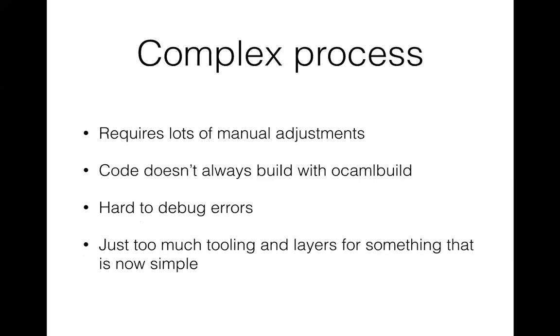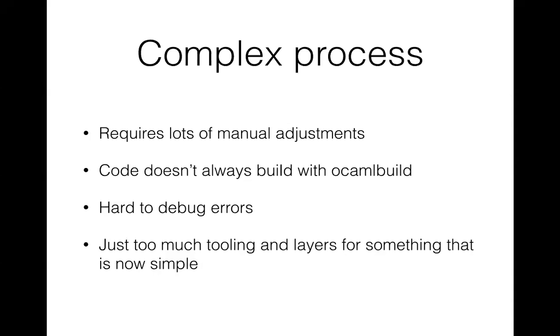The reason is mostly that we are starting to adopt new building strategies, like module aliases, or just because OCamlbuild was using ocamldep in a different way, and there were slight things that didn't go well. Very often we spent days trying to understand why things were failing outside and not inside, and how to fix them. The fix was to add manual adjustments, or to go back in our code and add ugly hacks just to please some tools, which was very painful.